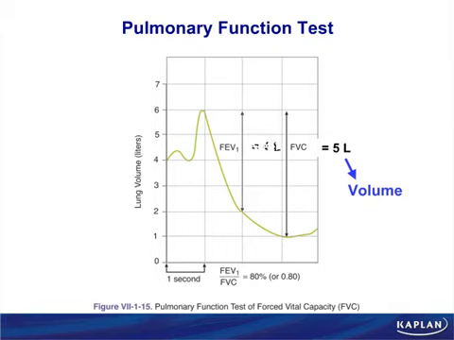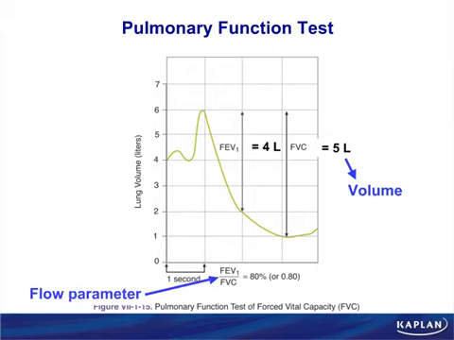Next key characteristic we look at is something called the FEV1. In this example, it's 4 liters. FEV1 stands for forced expiratory volume in 1 second, or the first second. So notice this subject blew out 4 liters of the total of 5 in the first second.